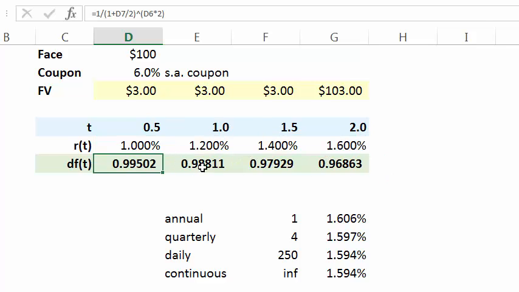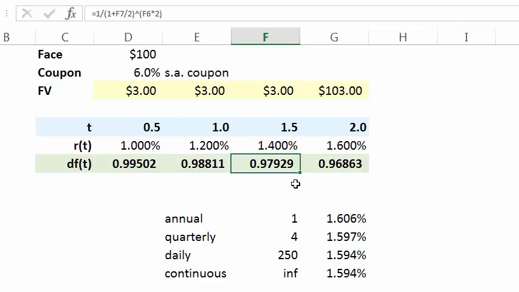And then here's my discount factors. So if I want to do this discount factor for 1.5 years, for example, I just take 1 divided by 1 plus my 1.5 year spot rate or zero rate. And this is semi-annual compounding, so I'm going to divide by 2 and then raise it similarly by the 1.5 years multiplied by 2.